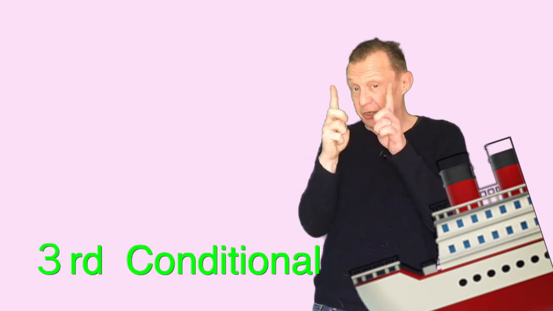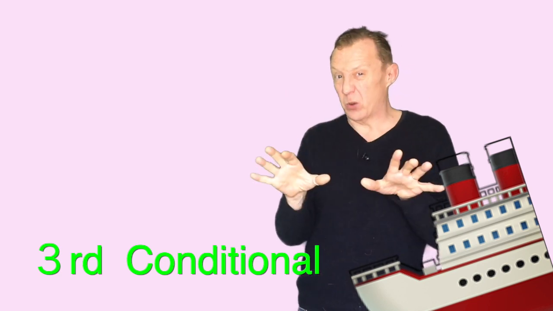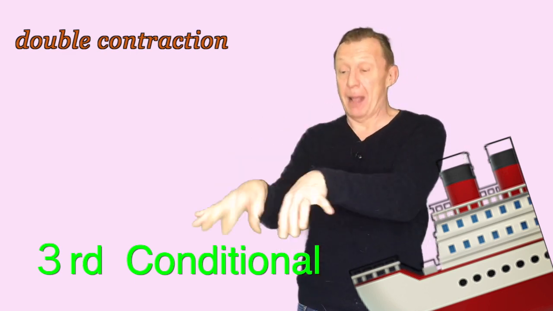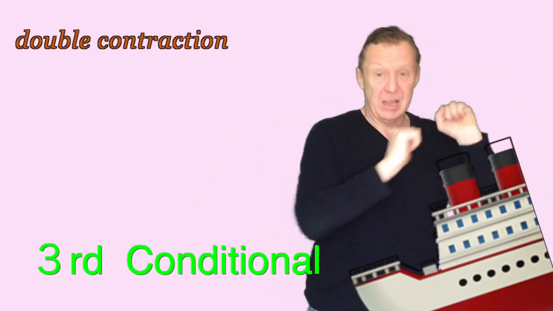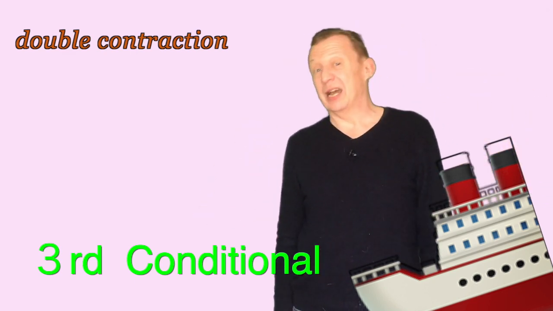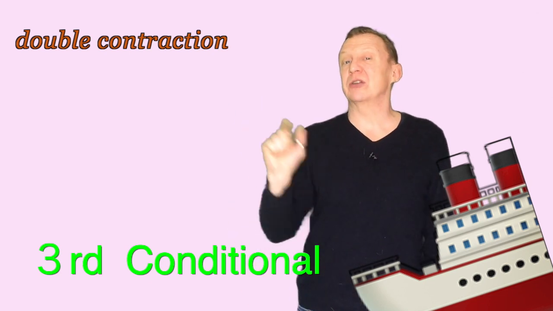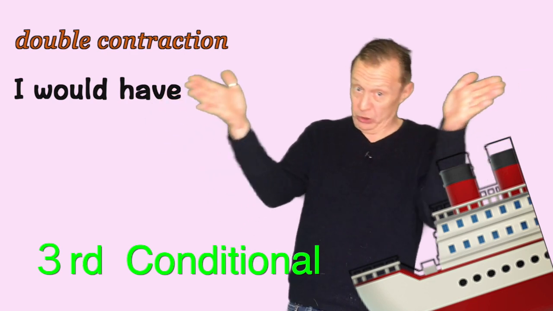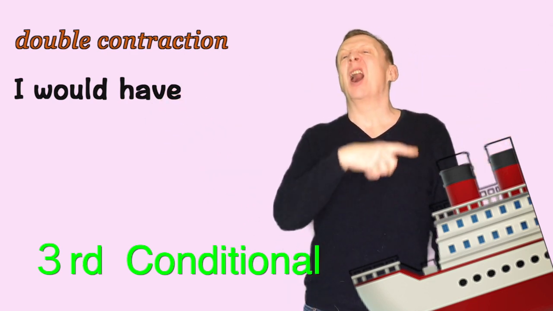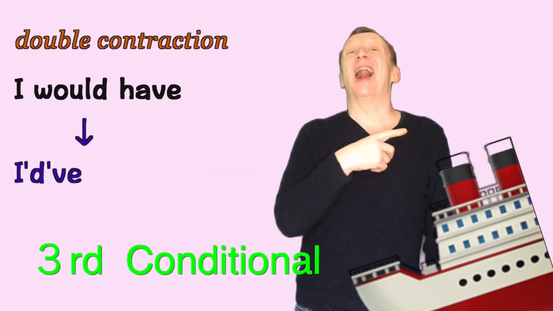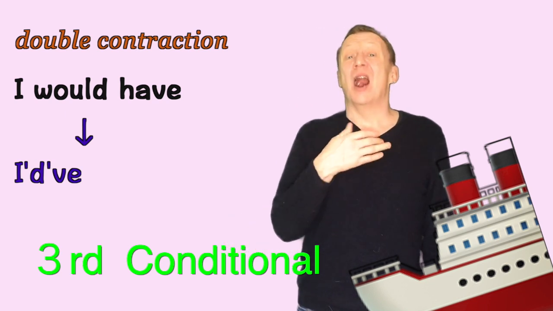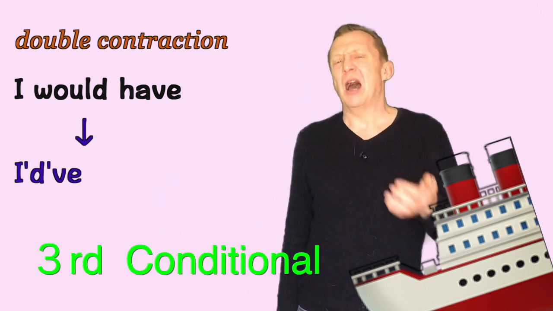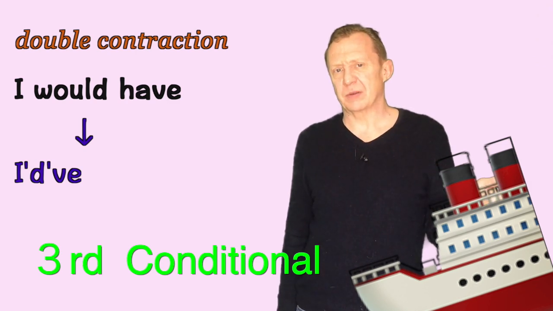Now, we could contract it. This is called a double contraction. A double contraction is two verbs which are contracted. So we say, I would have, contraction, we have I'd have gone downstairs. I'd have said goodbye.